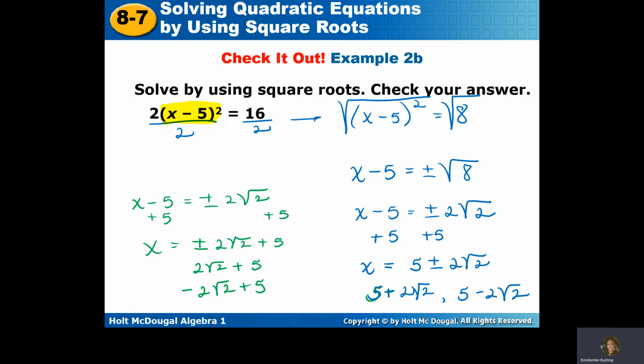They just condense the answer because you're either adding 2 root 2 to 5 or you're subtracting 2 root 2 from 5. Is that clear? And naturally, if they want a decimal approximation, you pick up your calculator and just type it in. Questions or concerns?